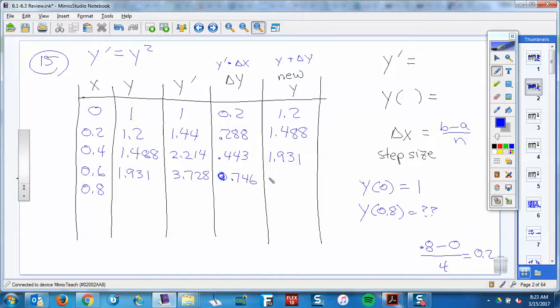How much? That's where you're off, because it should just be the old y plus the new one. So you must have added these two, because you said 4 point 47. Yeah, that would be these two. It's the old y plus the new one.